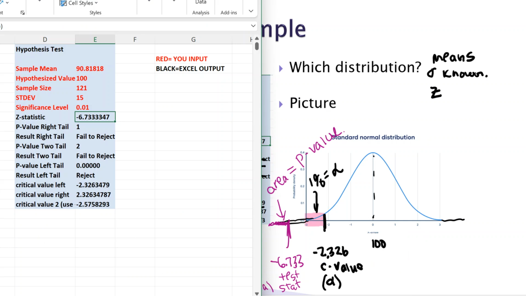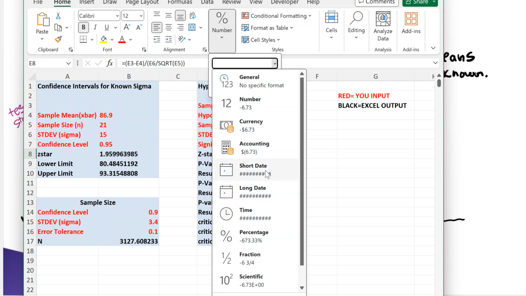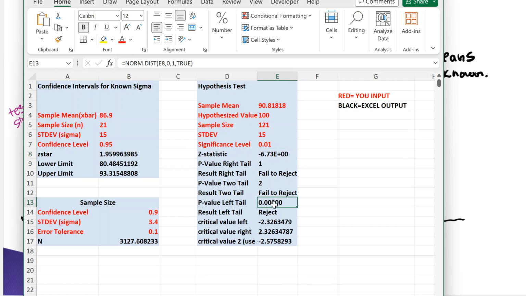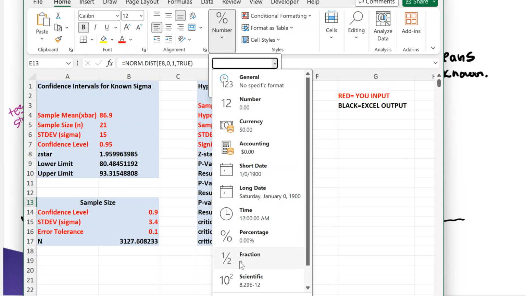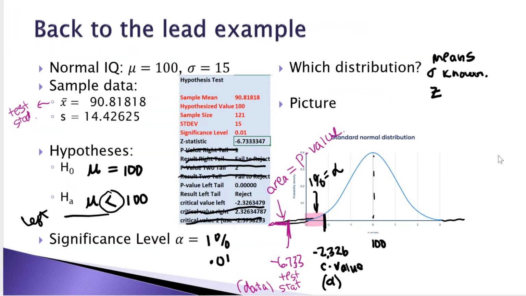If I change this to scientific notation, oh my gosh, it's so small that we can't even see it. That's 8.29 times 10 to the negative 12th. That's how small it is.